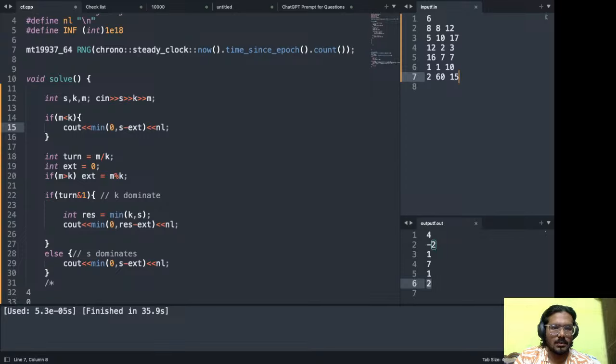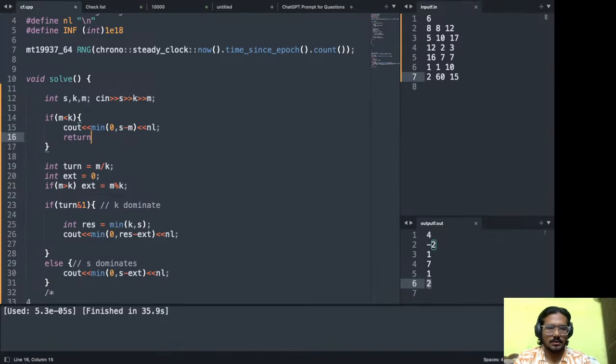So the minimum of s and this m, and you need to return, make sure.